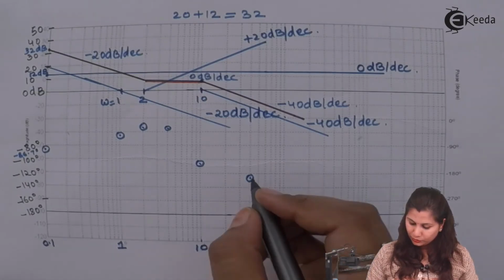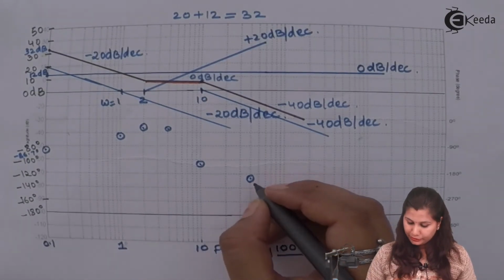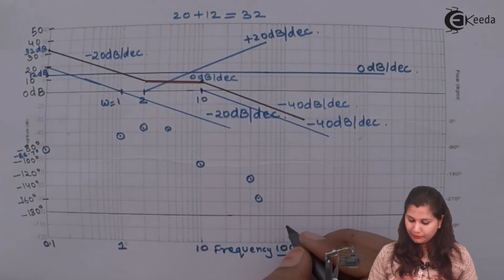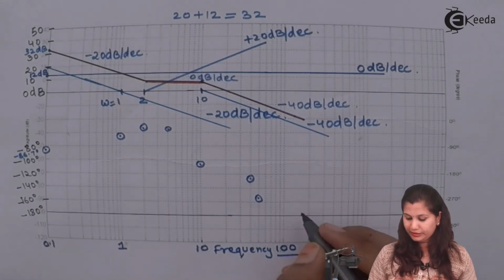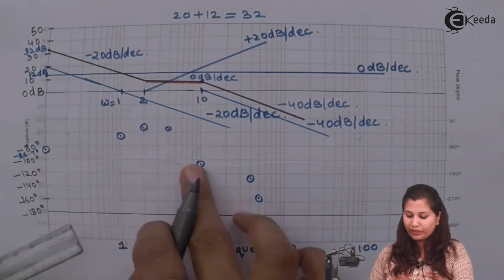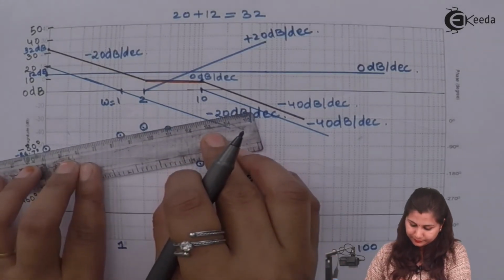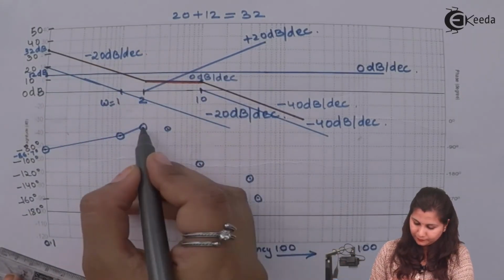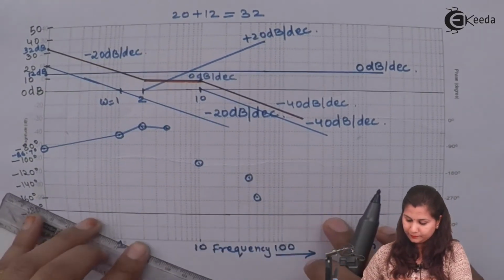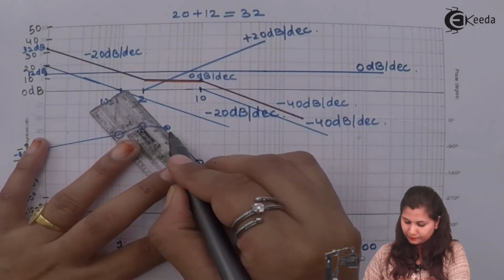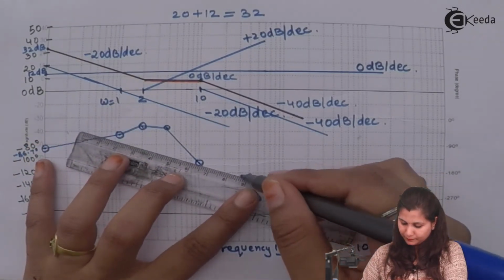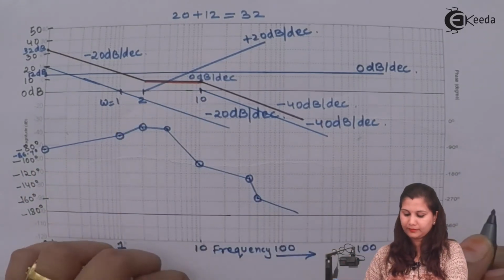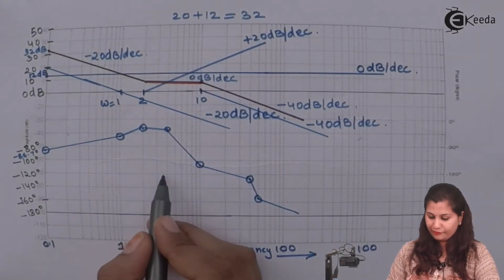So here we will have the phase as minus 168 degrees. Then minus 180 for infinity. So we are going to join all these points. So this is our phase plot.